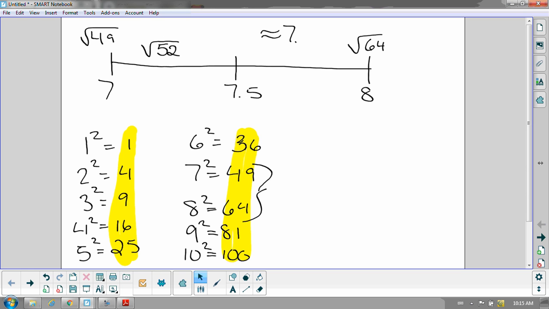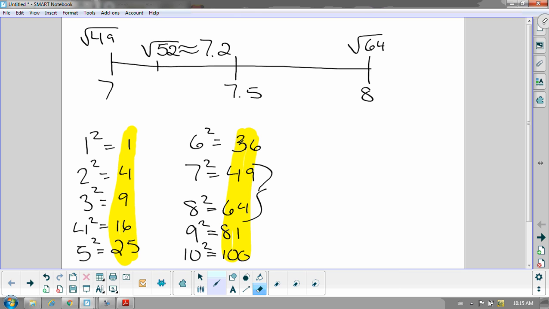And the last step, you think, if 52 is about there, we would say that the square root of 52 is about 7.2. And when you look at your calculator, it actually calculates to 7.2111, and the numbers go on and on. So I would say that that's probably a pretty good estimation.